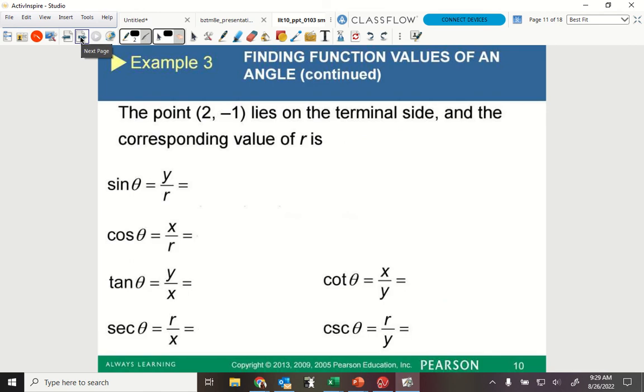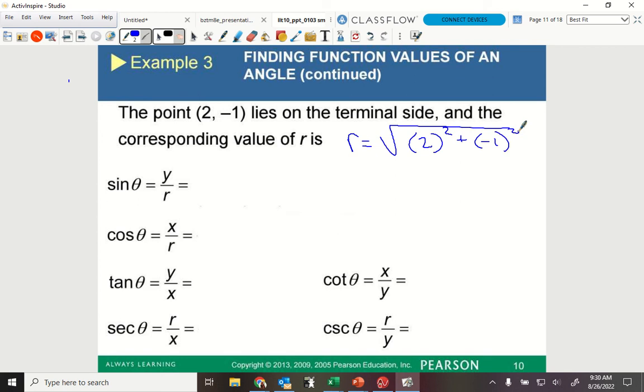So, we have these values here. We need to go through and solve for r, don't we? So we have the x and the y. Now we solve for the r. r equals the square root of 2 squared plus negative 1 squared.